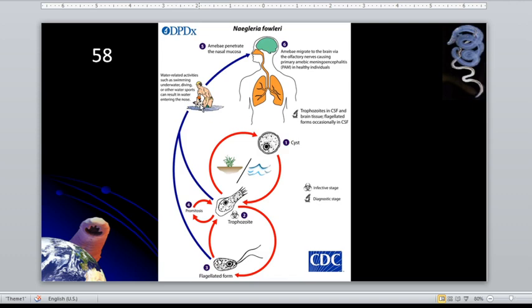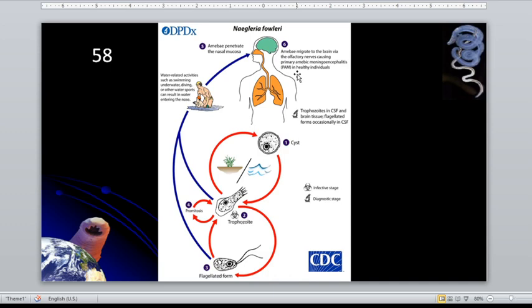If the water is contaminated with Naegleria fowleri and it enters the nasal cavity, the amoeba penetrates the nasal mucosa and then migrates to the brain via the olfactory nerves, causing PAM. Okay?